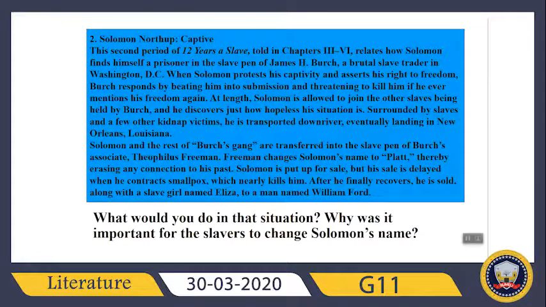Now you will read this summary. And what would you do in this situation? Why was it important for the slavers to change Solomon's name from Solomon Northup to something called Platt? You have several minutes. Pause now, read, think about the answer to the question, and we will go on.